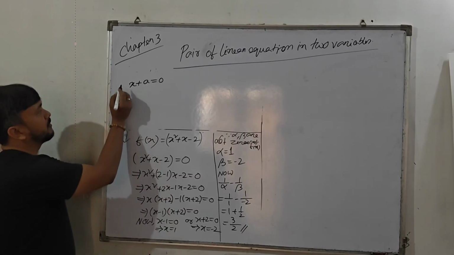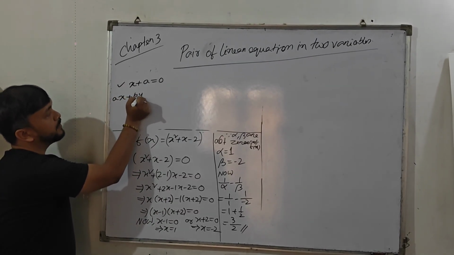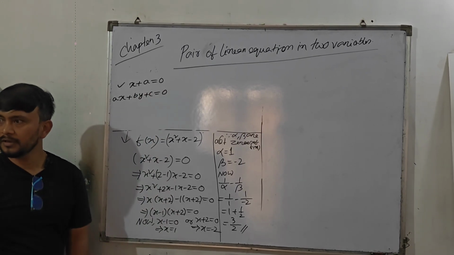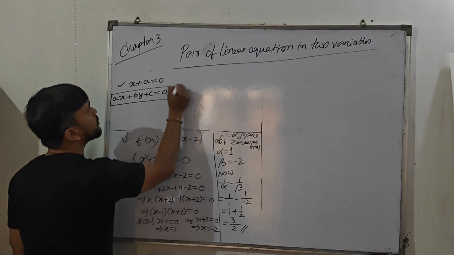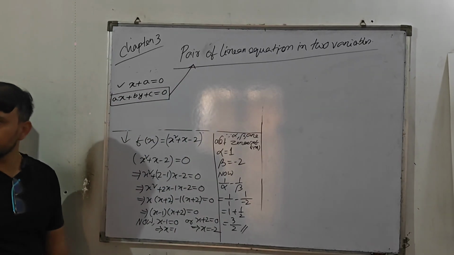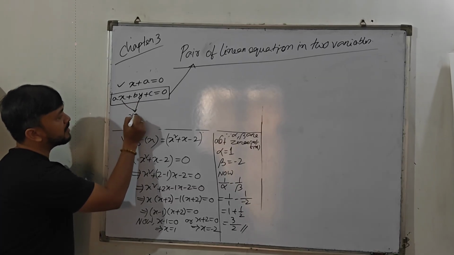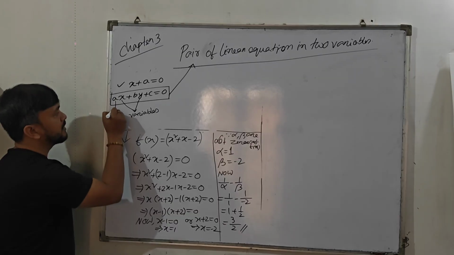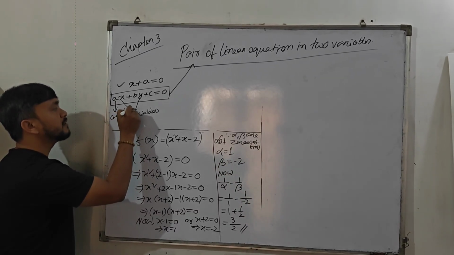If I write ax plus by plus c equal to 0, this is a standard form of a pair of linear equations in two variables. This x and y, these are variables. This is a coefficient.